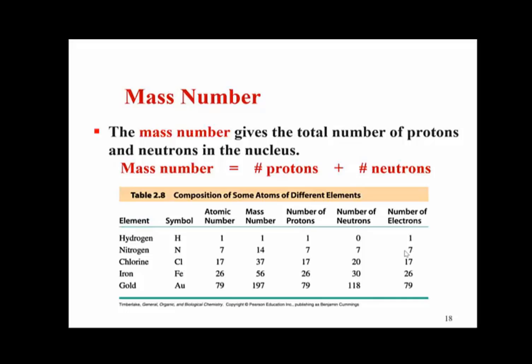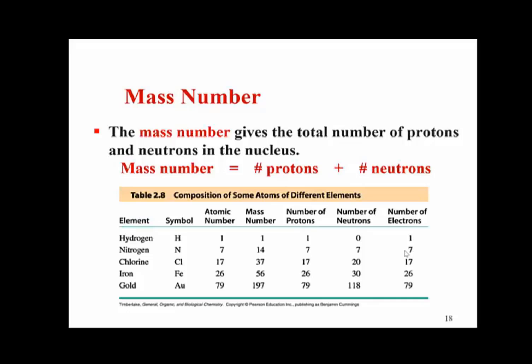Guys, if I say iron with mass number 56, iron, mass number 56. If we are talking about iron 56, what is atomic number of iron? Go ahead, look it up on the table. Give me atomic number for iron. 26, yes?